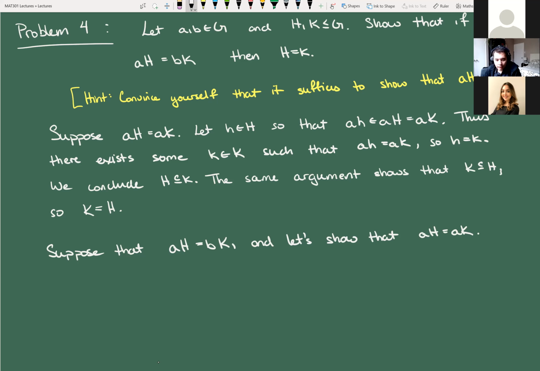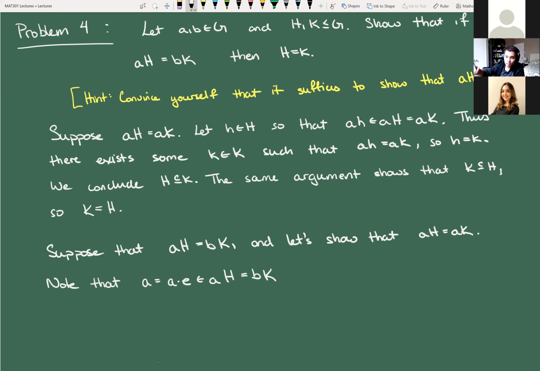The trick to this is that A is certainly in AH, because it's A times the identity. And AH is equal to BK. So in particular, this means that there exists some element of K such that A is equal to B k. Oh, sorry, that's BK.